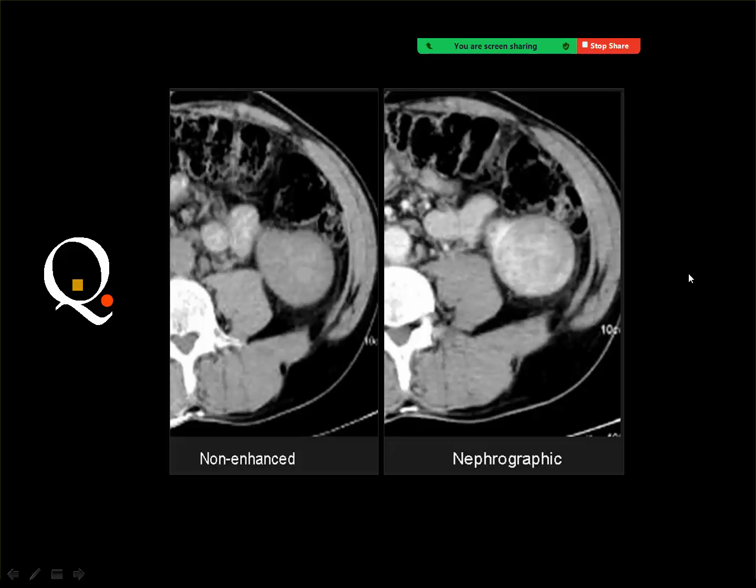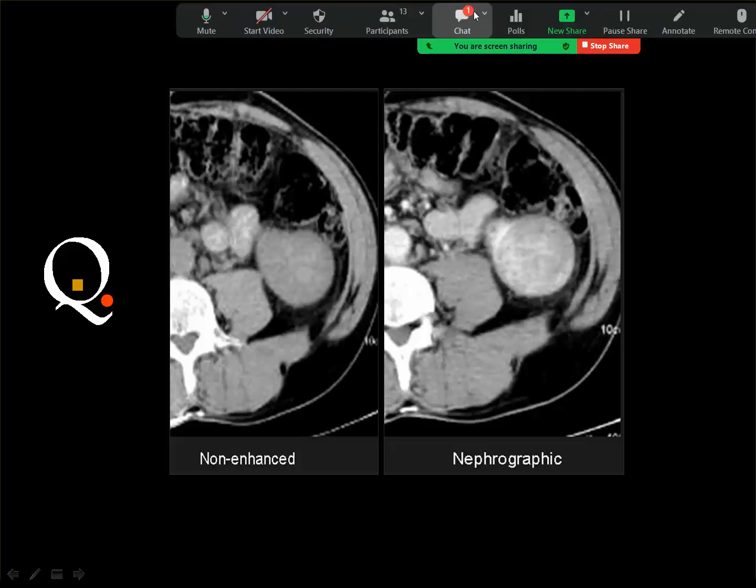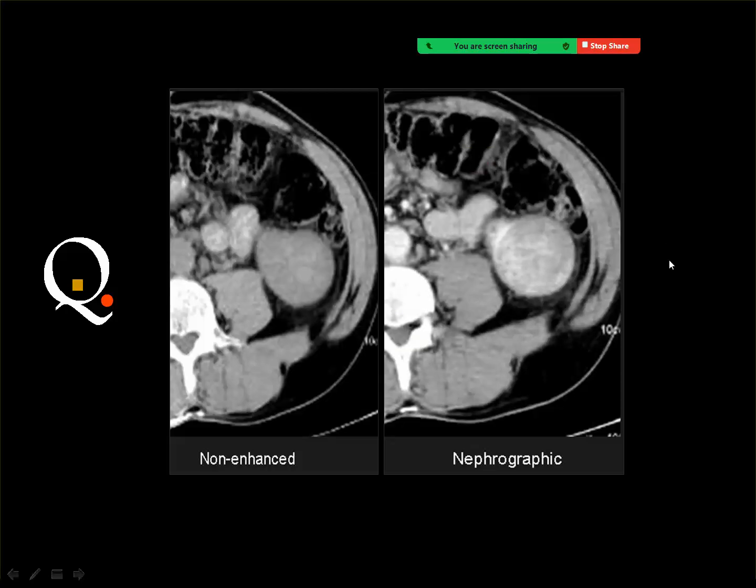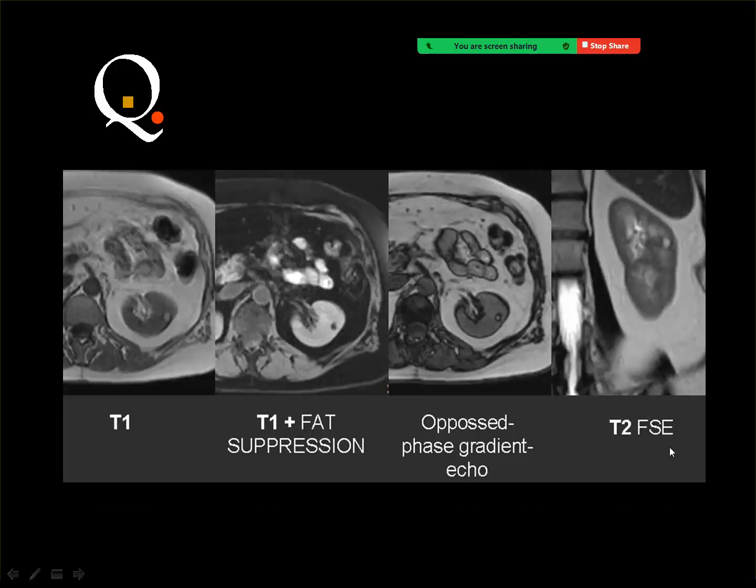And you know that any solid mass in the kidney in an adult should be considered as renal cell carcinoma until proved otherwise, exactly similar to a solid mass in the lung of an adult, which should be considered as bronchogenic carcinoma until proved otherwise.